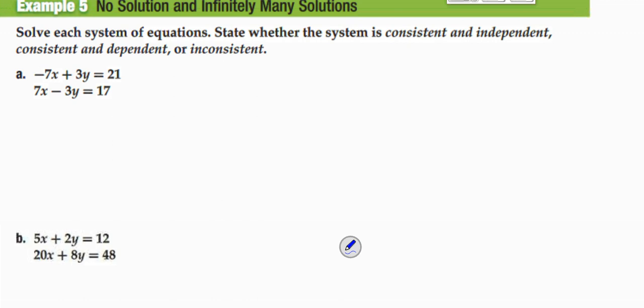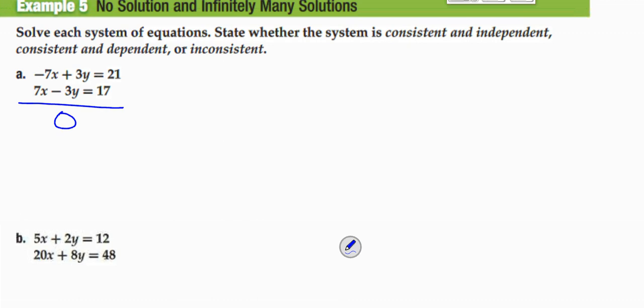Do we all agree that we can just add those two equations? And everything we need to have happen will. So if I add these, I get 0x and 0y.